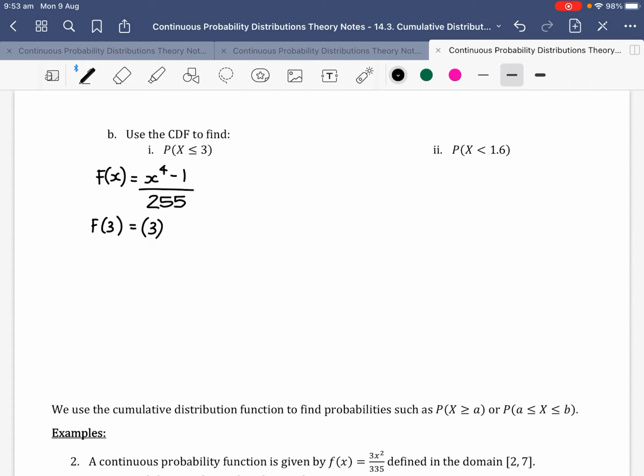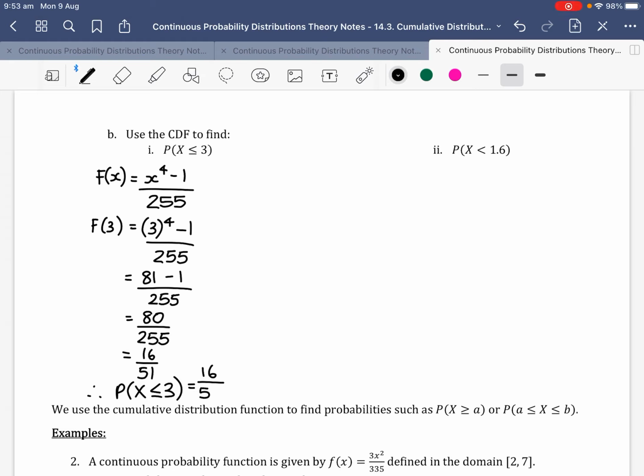So we get 3 to the power of 4 minus 1 over 255. 3 to the power of 4 is 81, so we have 81 minus 1 over 255, which is equal to 80 over 255. And 80 over 255 simplifies down to 16 over 51. Therefore, the probability of x less than or equal to 3 is equal to 16 over 51.